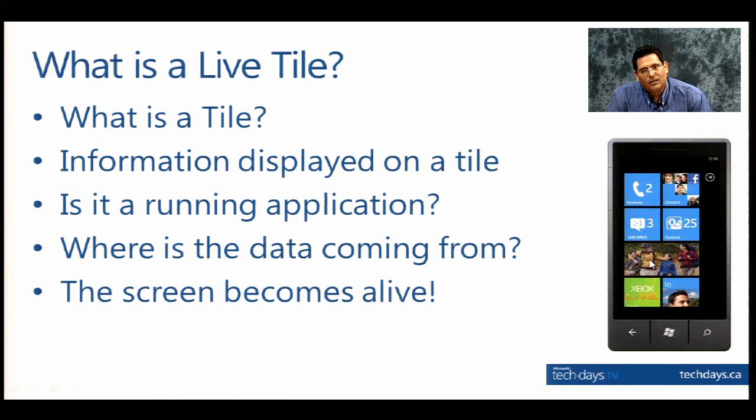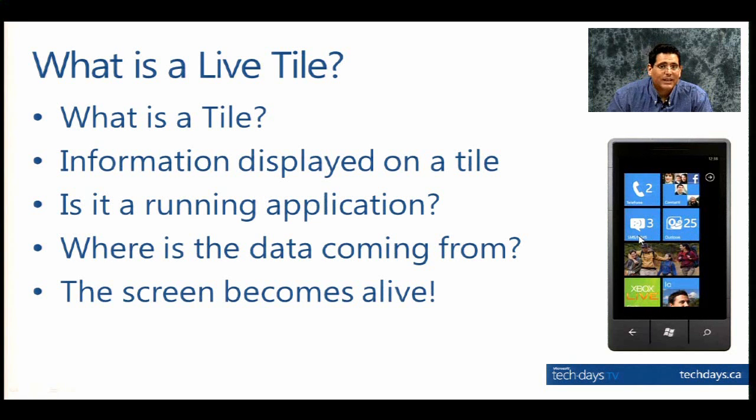A tile is not an icon. An icon is a static picture that represents an application to launch. But a tile may display dynamic information that can change during the lifetime of the application or the lifetime of the running Windows Phone operating system. For example, let's see the Outlook tile right here. You can see the current number of unread messages, and it's being updated all the time.